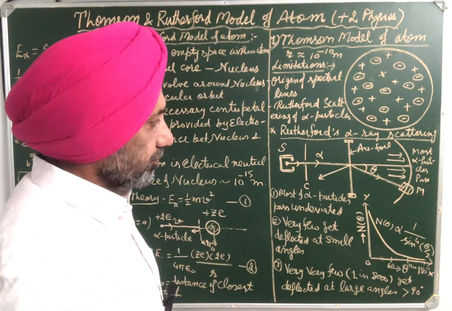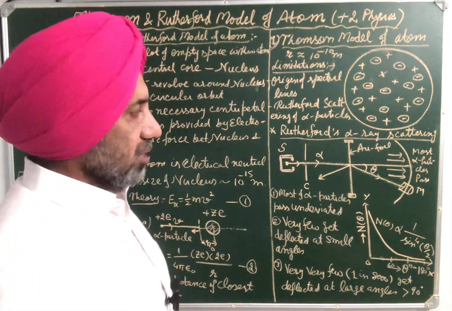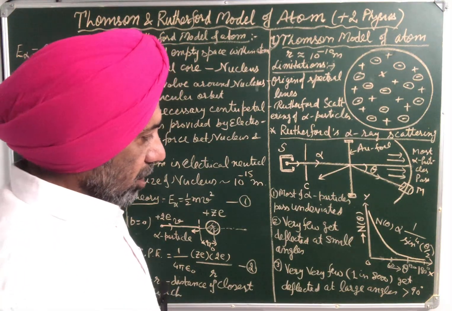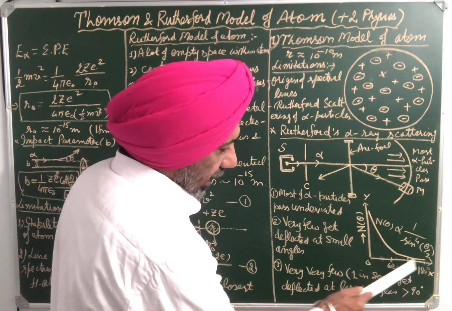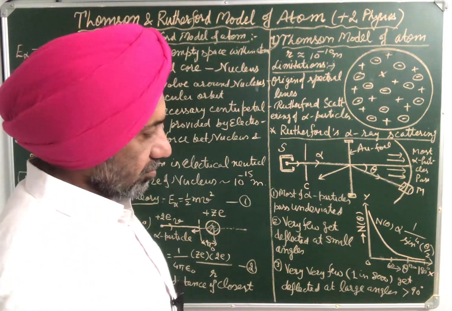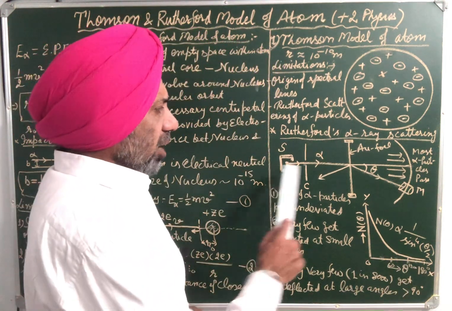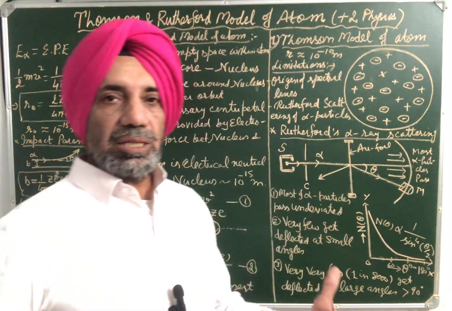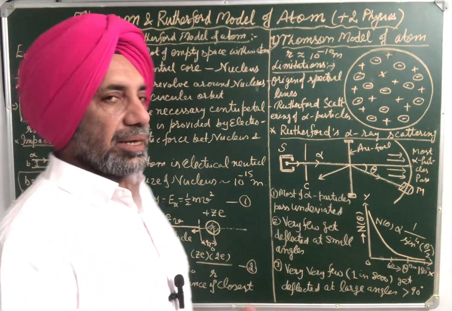Theta is the angle of scattering, the angle the direction of the scattered alpha particle makes with the initial direction. From this graph we can see that as angle increases, the number of particles scattered decreases. Very few, about one particle in 8,000 to 10,000 particles, get deflected at an angle more than 90 degree.